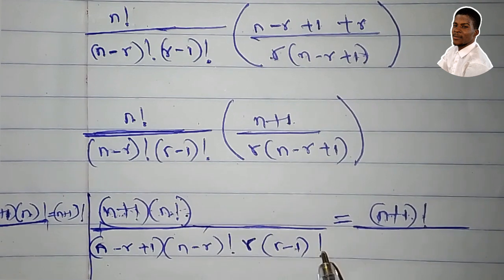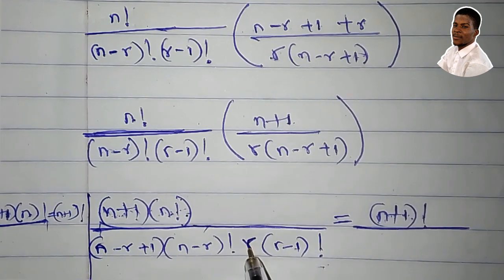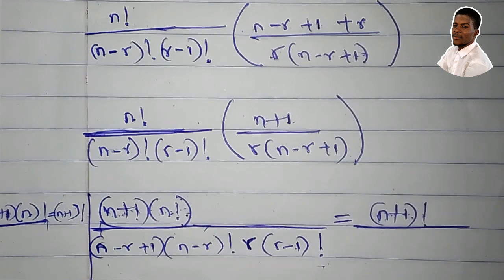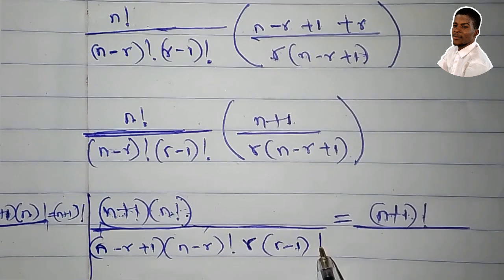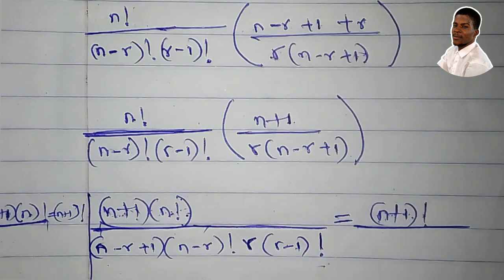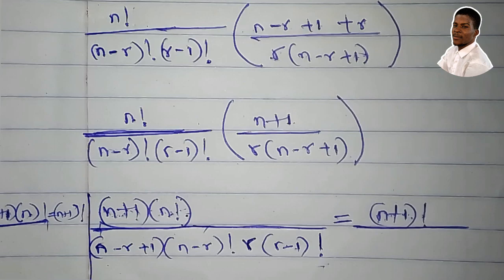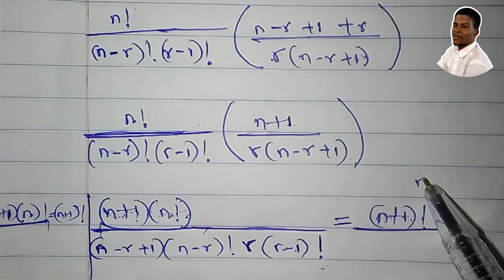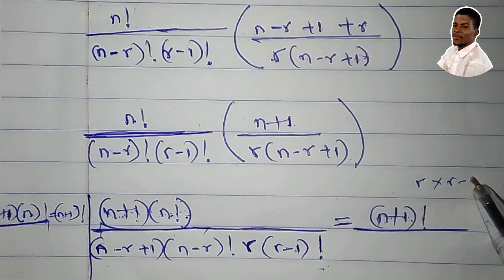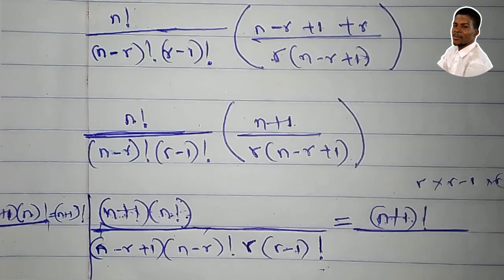r minus 1 factorial is a factor of r factorial. Here I'm having r, but I am saying that r minus 1 factorial is a factor of r factorial. We can write r factorial as r times r minus 1 times r minus 2 factorial, for example.